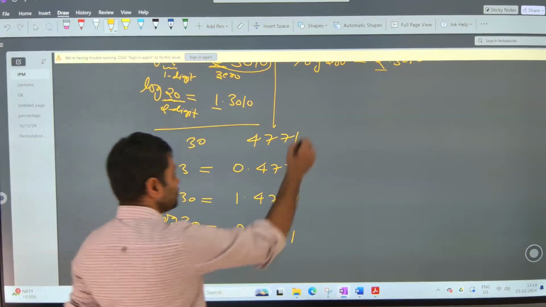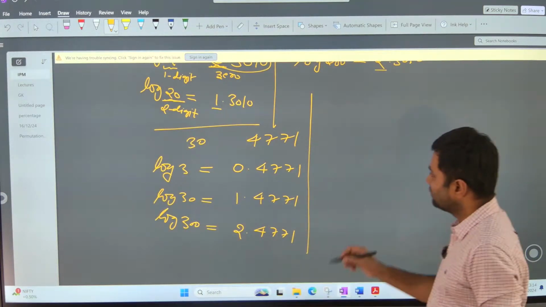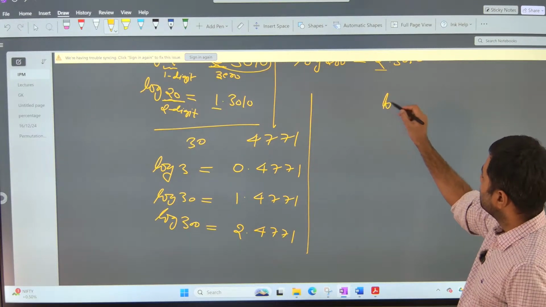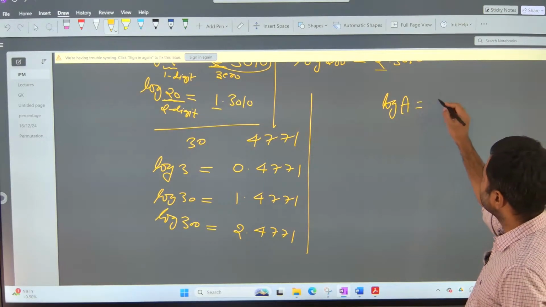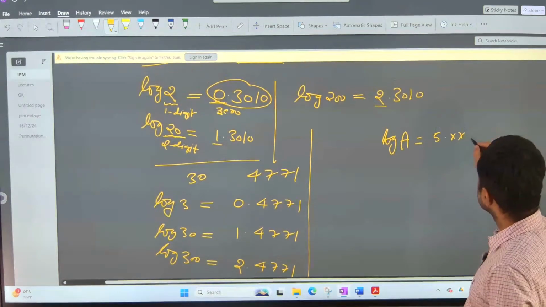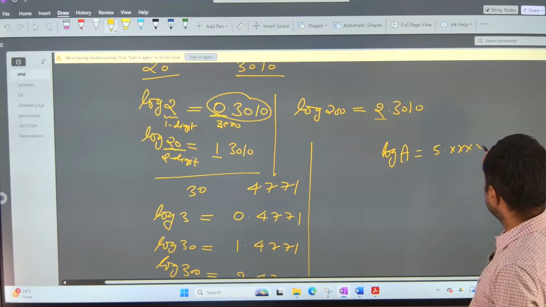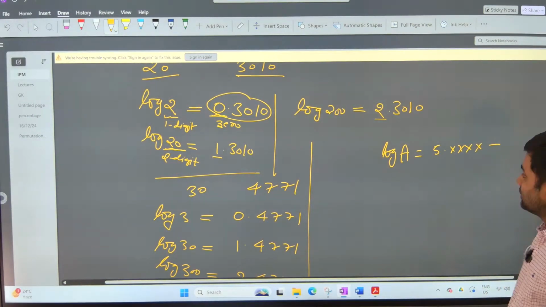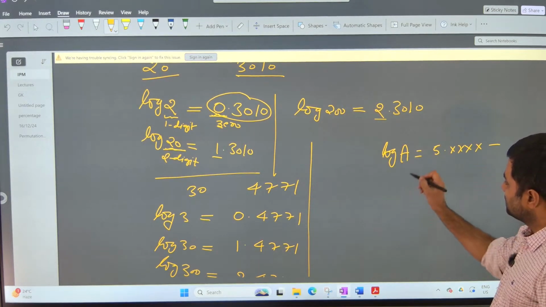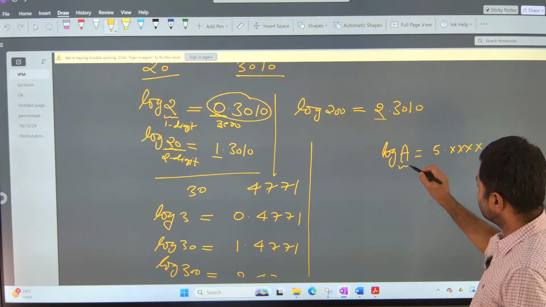Now if we discuss it the other way around, if I have a number A and its log value is, let us say, 5 point something. Then what can we say about the number of digits in A?